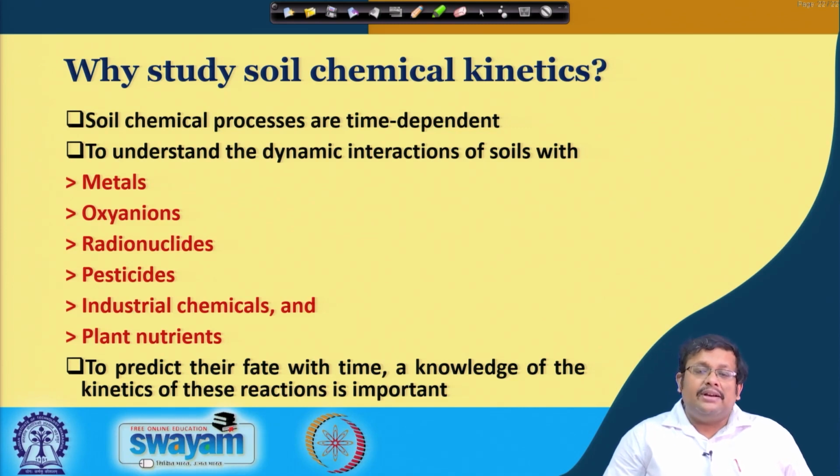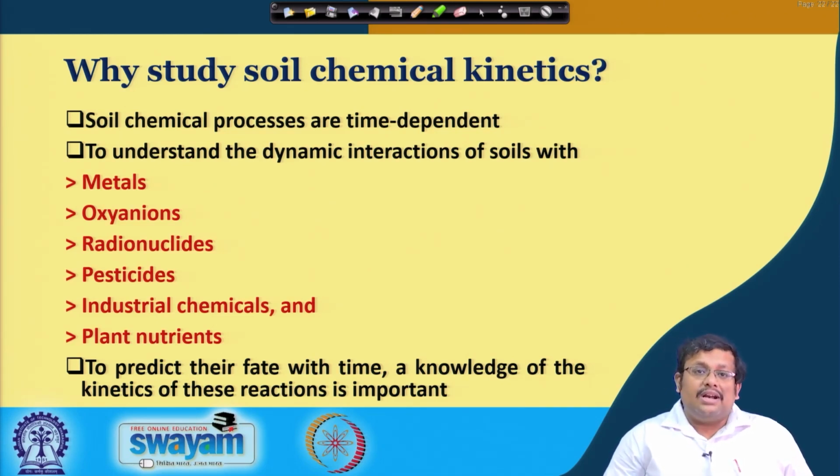There are several heavy metals or trace metals which are present in the soils. Oxyanions are also present in the soil, radionuclides are also present in the soil. Pesticide, which is an important organic fraction which is added by different anthropogenic activities, industrial chemicals and plant nutrients. So, these are having a dynamic and complex interaction with different soil solid and soil solution.